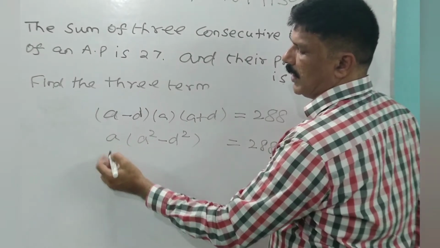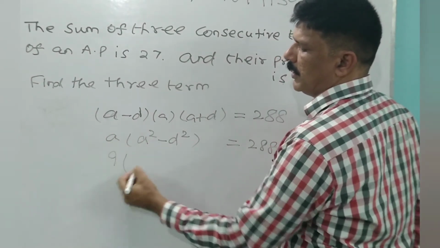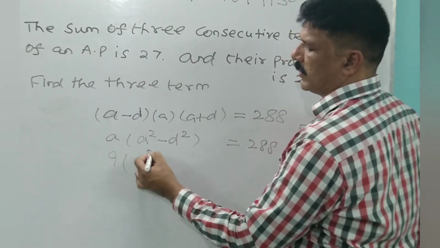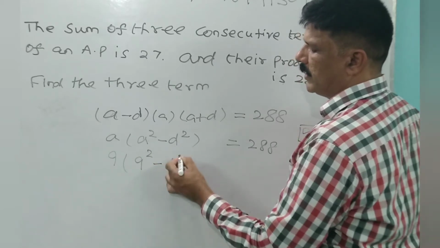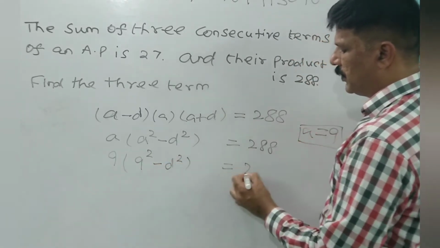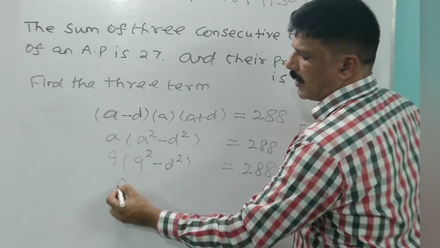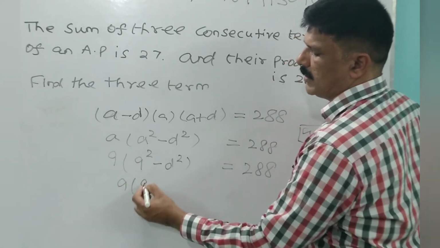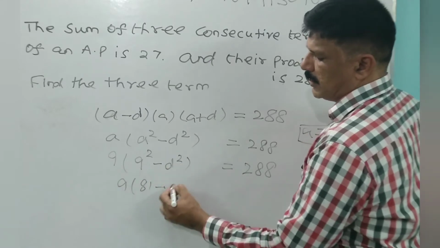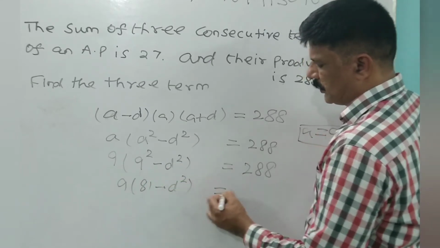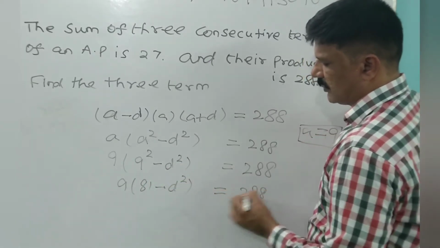So what is the value of a? 9 into a square minus d square equal to 288. So 9 square is 81, minus d square equal to 288.